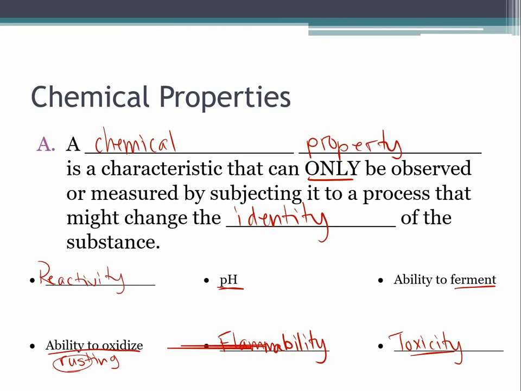It's harmful to your cells. But as it is harming your cells, they are reacting with it and changing it into something else. So the process of that acid reacting with your cells and hurting you, being toxic to you, actually changes the acid into something else. So again, testing whether it hurts makes it into a different substance. Testing chemical properties changes the identity of the substance.